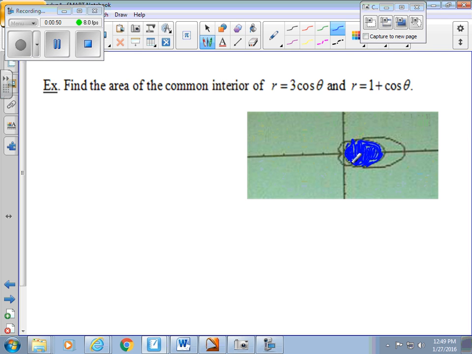area in between, right? Like this area or even this area. But one option is to do the area in between and find this little area here, right? And then subtract that from the whole cardioid. That's one option, and it is a wonderful option.